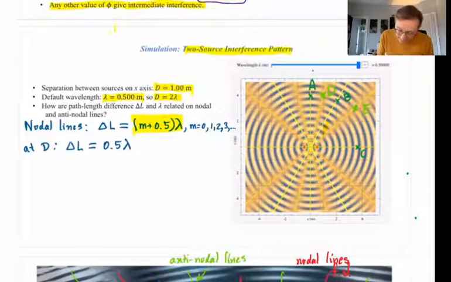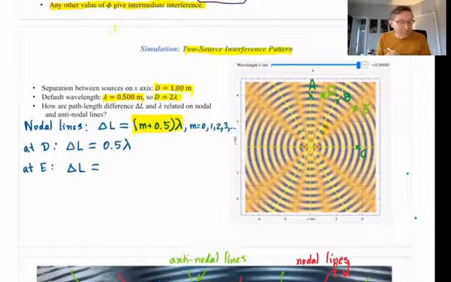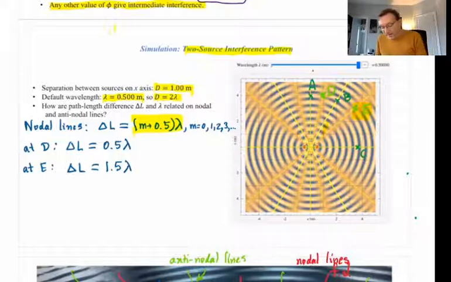What do you think the path length difference is at point E on that other nodal line? What is the delta L? You have a guess? Point E, right here. Did you say 1.5 times lambda? Because it's got to satisfy the condition for fully destructive interference.